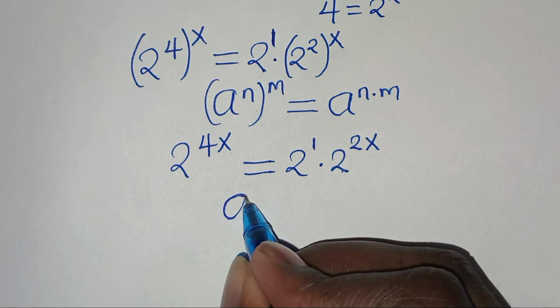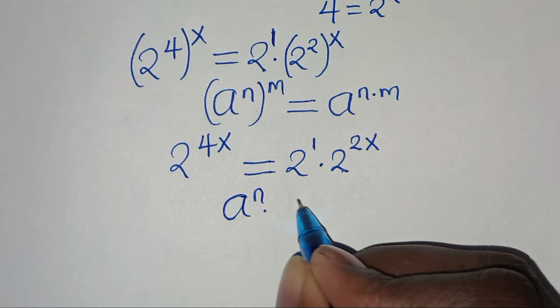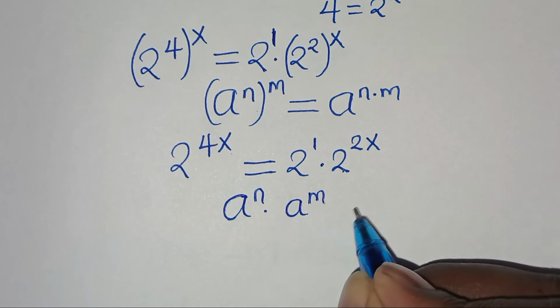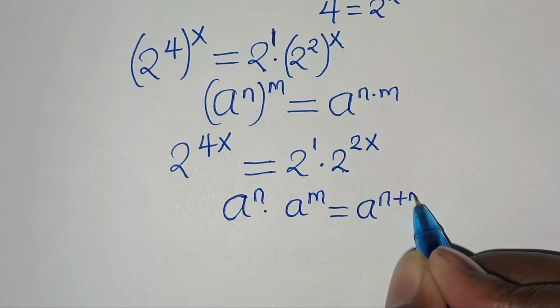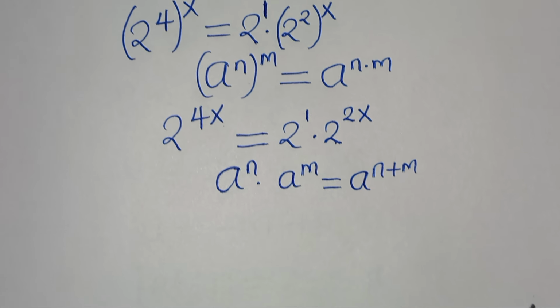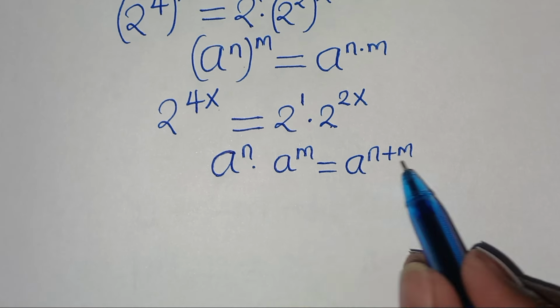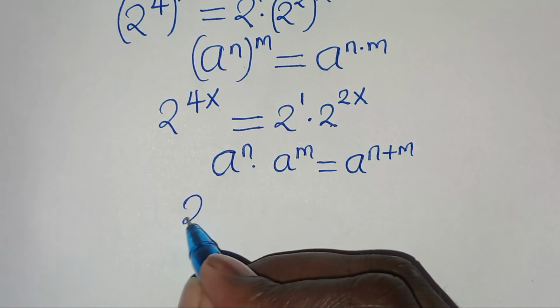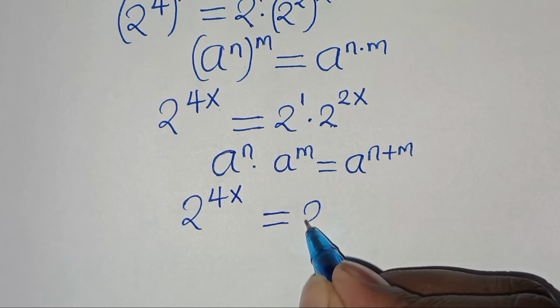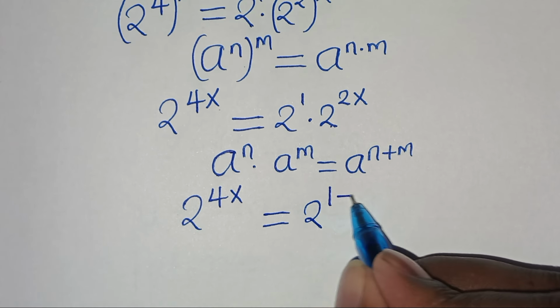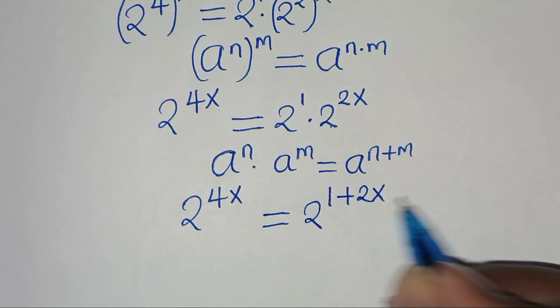This is in the form of a to the power of n times a to the power of m, which we can express as a to the power of n plus m. Applying this exponent property, then we have 2 to the power of 4x equal to 2 to the power of 1 plus 2x.